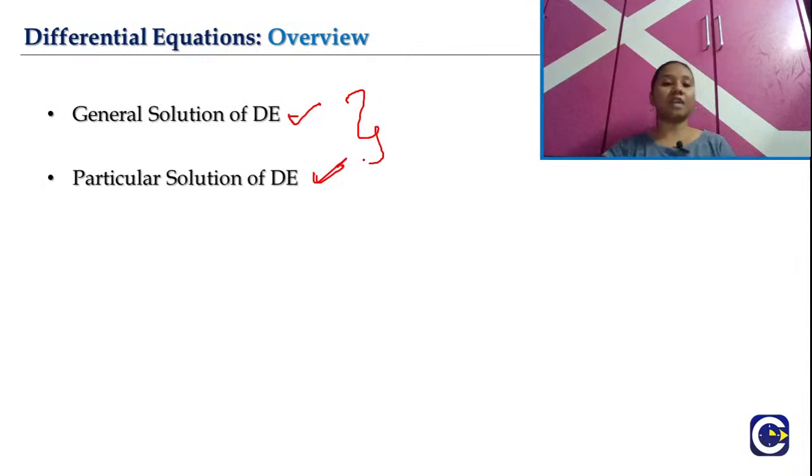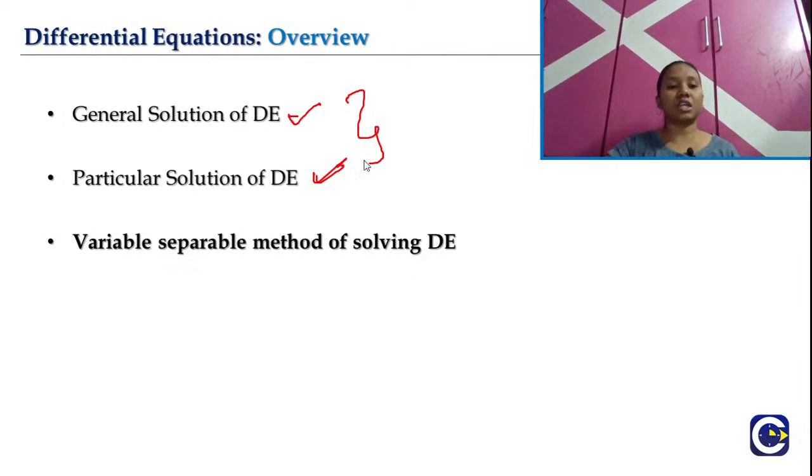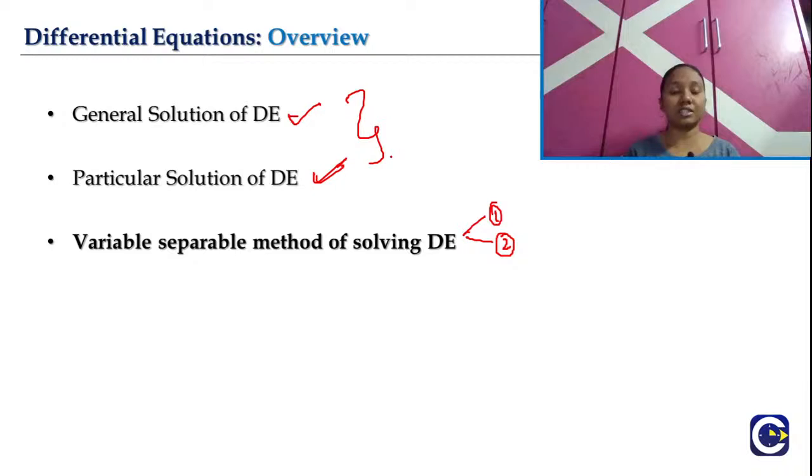After that we started with our methods of solving differential equations, in which we first started with the variable separable method. In this method we could expect three forms of equation, and amongst them two forms we have already discussed in our previous session, the second session of differential equations.